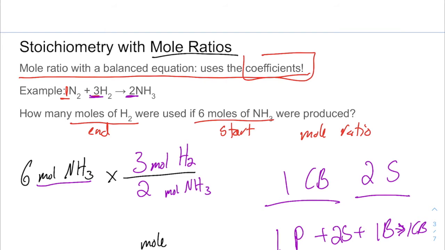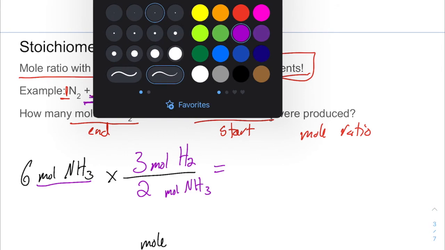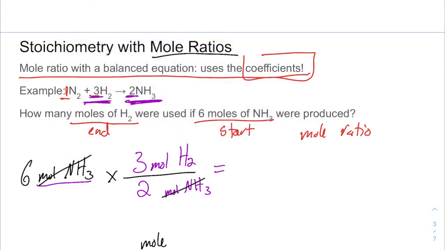For every 2 moles of NH3, there are 3 moles of hydrogen. Then we just cancel out units. Moles of NH3 cancel, and we're left with moles of H2. Multiply everything on the top, 6 times 3 is 18, divide by 2, and that gives us 9 moles of H2.